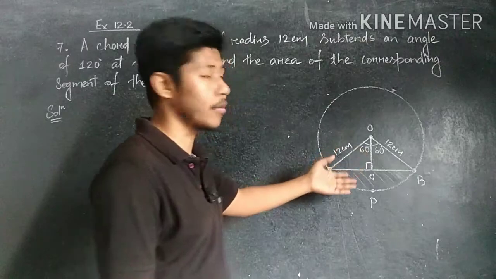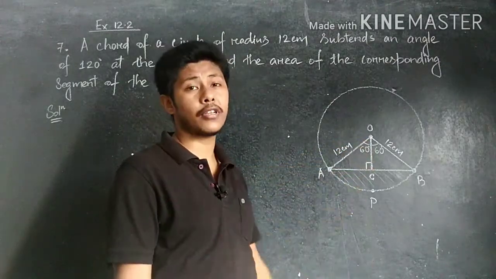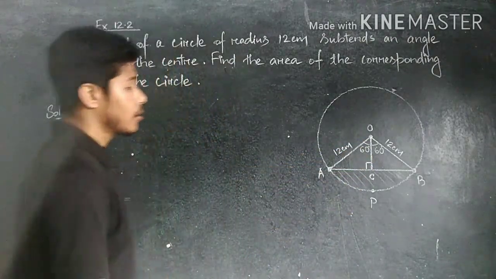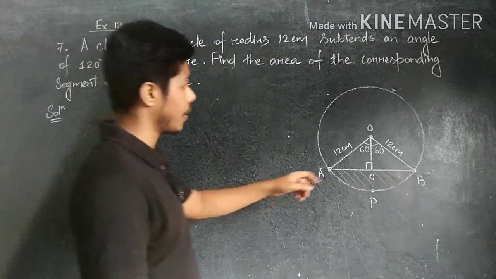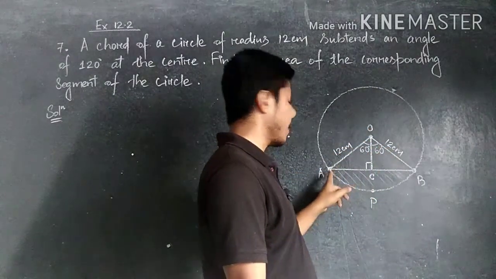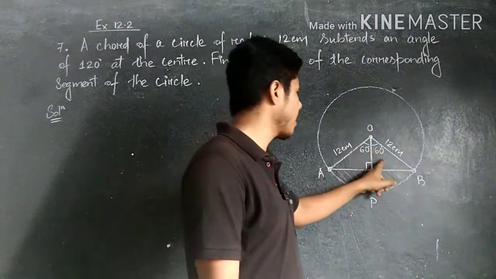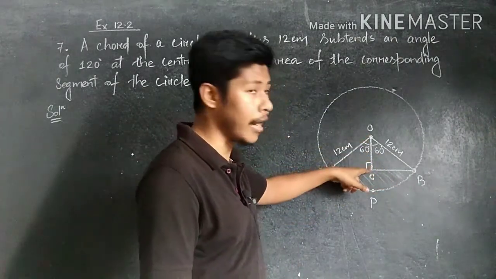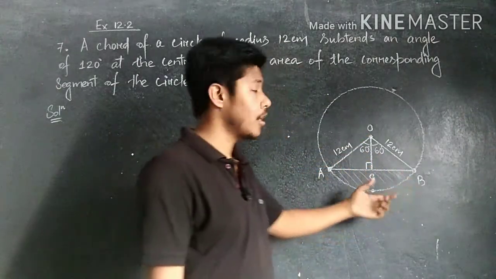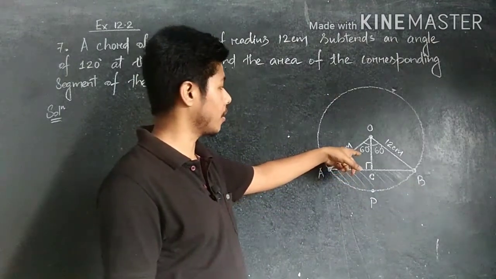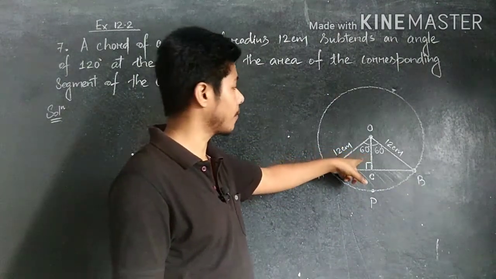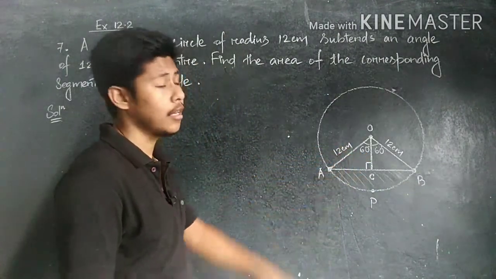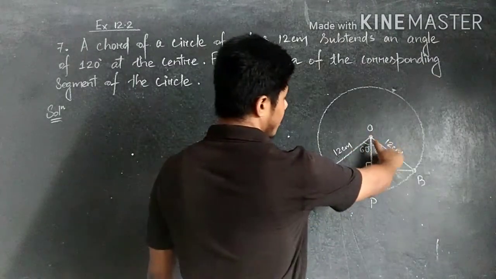Is it clear? Now in triangle OCA, how can we find the area? OC is the height and AB is the base. If we apply half into base into height, we can easily find the area of this triangle. So first we have to find this OC.